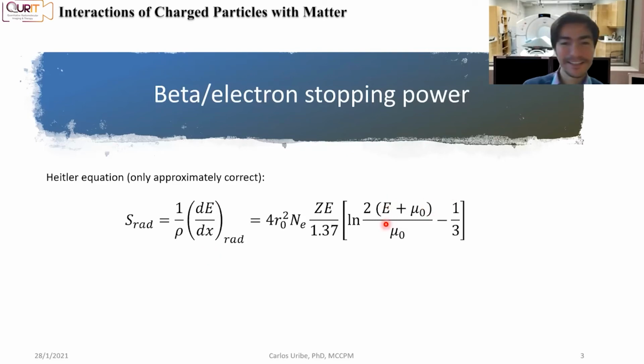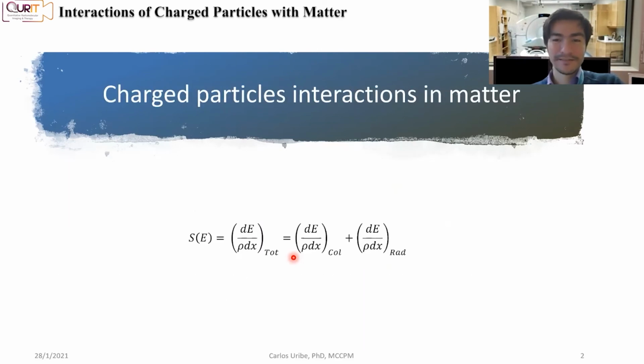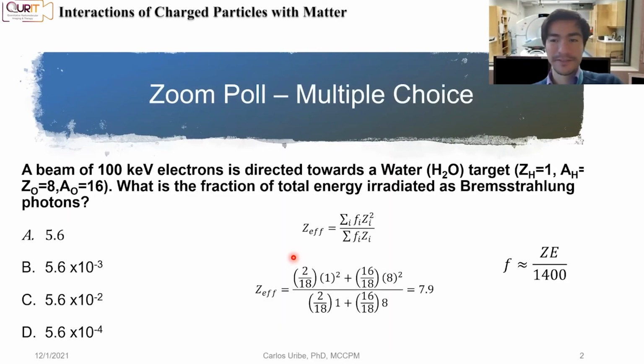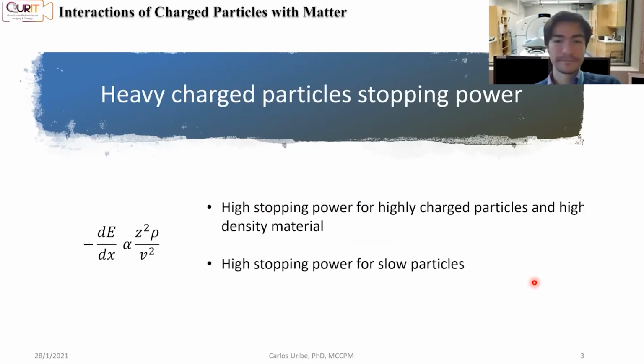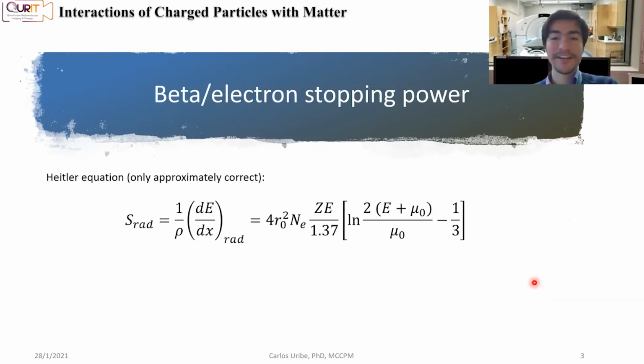But if you look at this term here, this is those Zoom questions that we had a moment ago. Go back. Remember, ZE divided by something. That's exactly what you have here. ZE divided by something, and all this something we're grouping into the previous equation to get an estimation.